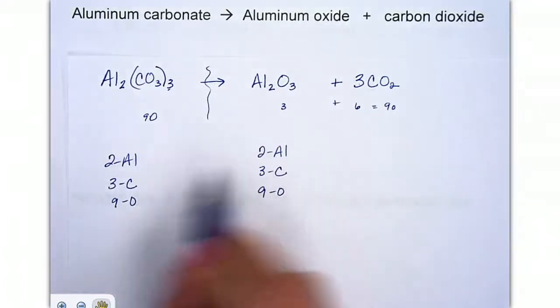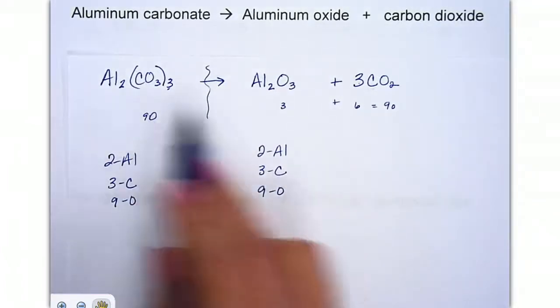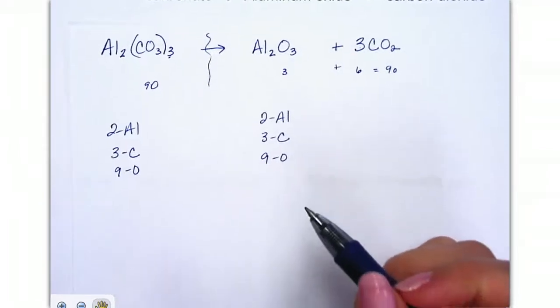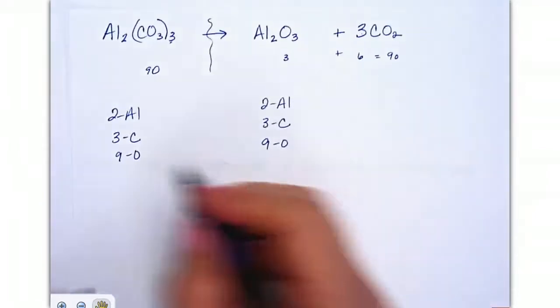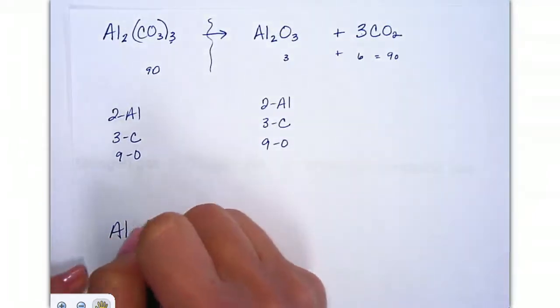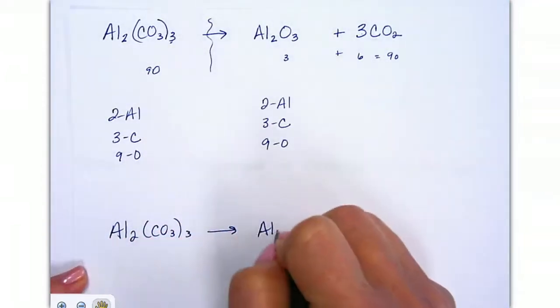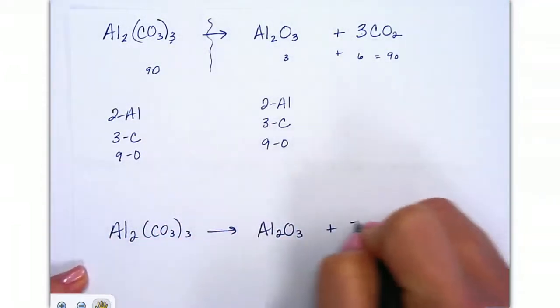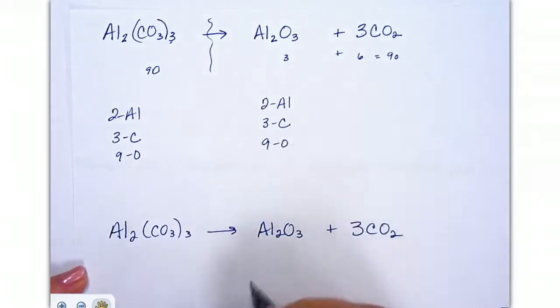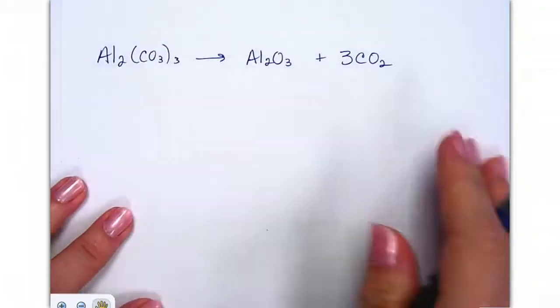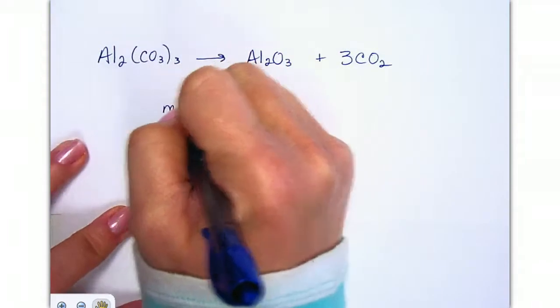So since I have an equal number of each type of atom on both sides of the equation, my balancing is complete. So my final answer is going to be Al2(CO3)3 yields Al2O3 plus 3 CO2. There is what's called a mole-to-mole ratio in this problem.